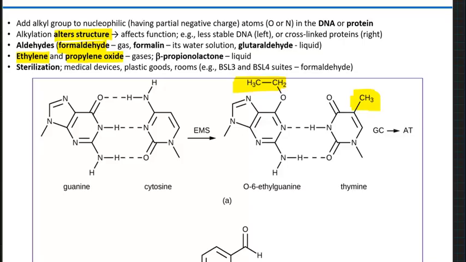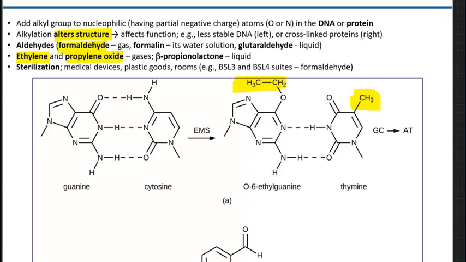So what would you use gases for? They are very aggressive, they're sterilizing. What would you use a gas like ethylene oxide or propylene oxide for? They can sterilize. Yes. Louder. Yes, hospital area.